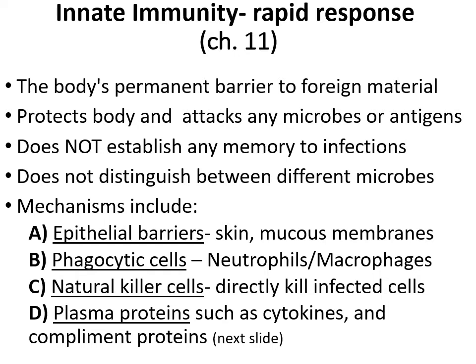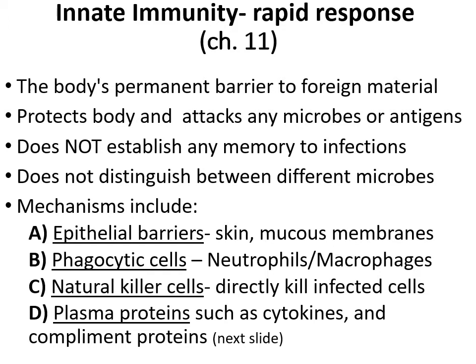So what are the mechanisms of the innate immune system? Well, it's those barriers, so those epithelial barriers in your skin and your mucous membranes, such as in your mouth, your digestive tract, that will sense foreign invaders and antigens and respond in the same way.